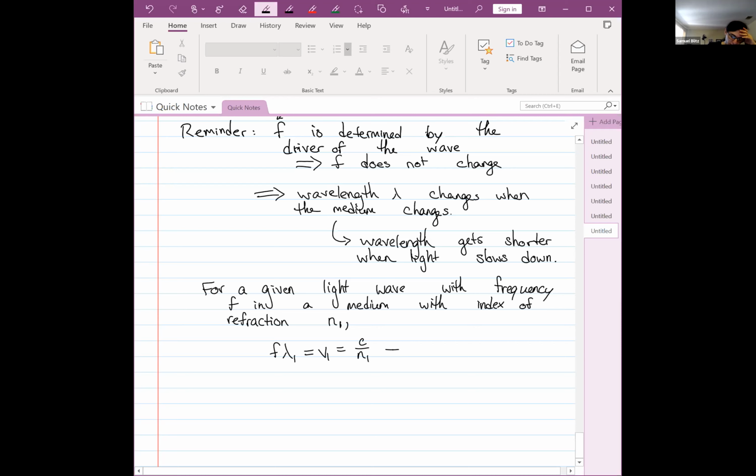And so that implies that we can just solve for lambda. So lambda 1 is just c divided by f times n1. Okay, so far so good.